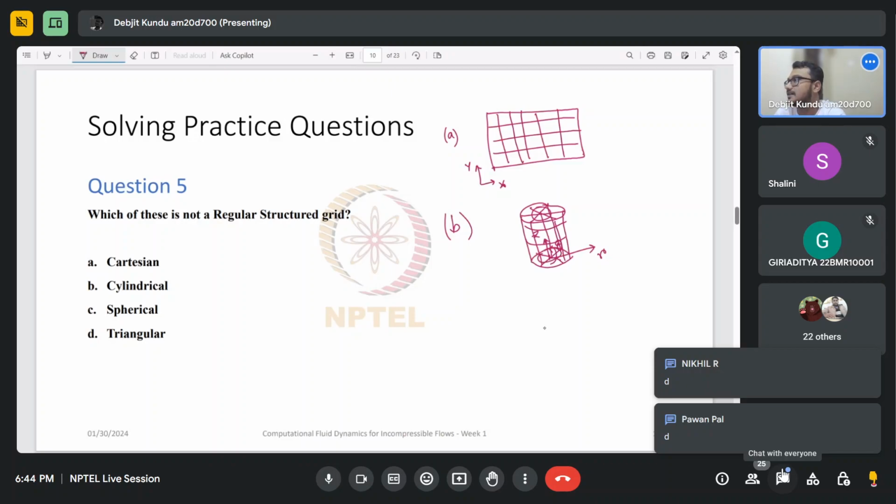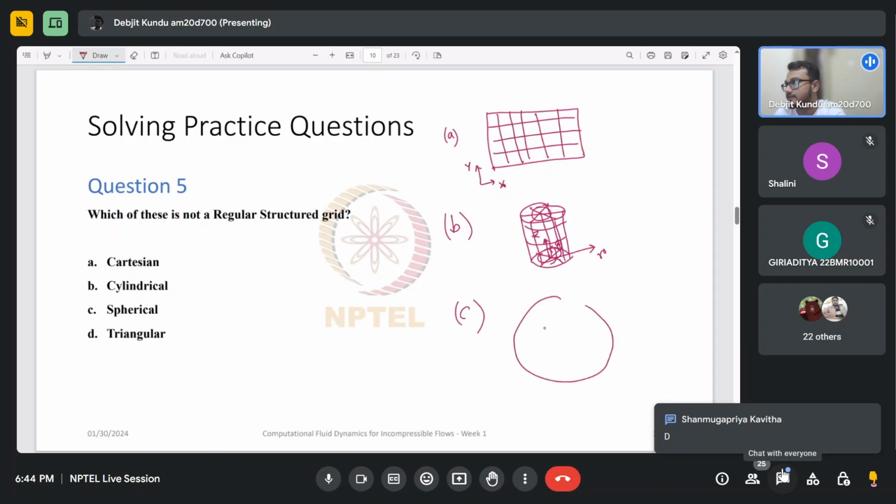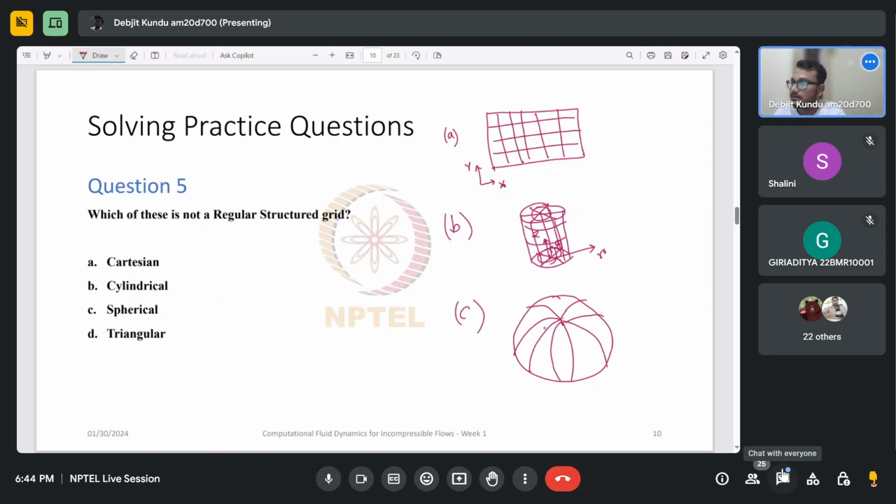Yeah. And option C is spherical. So let's say I have a sphere like this, and this is one of the poles of the sphere. We will have latitudes like this. Sorry, longitudes like the ones I earlier drew, and latitudes like this.